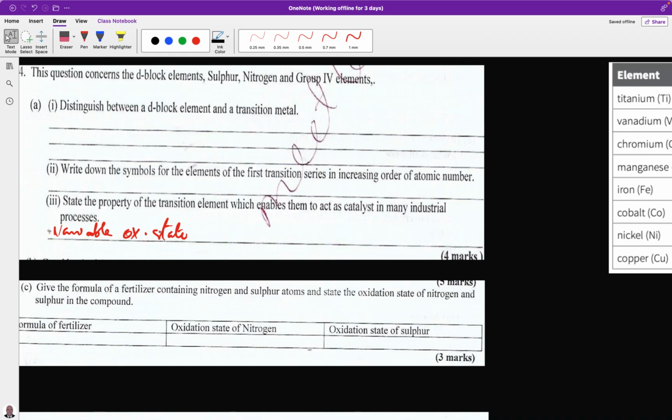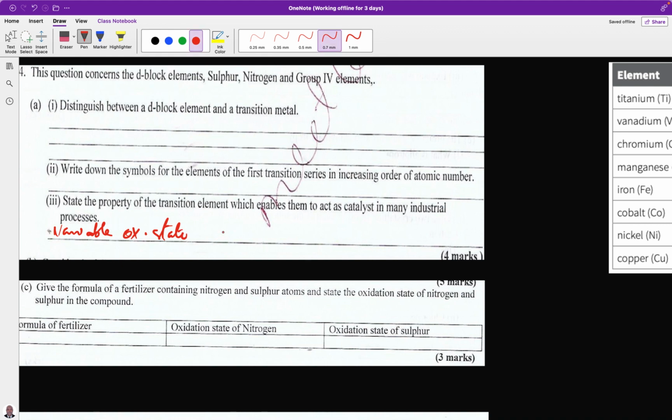They have variable oxidation state. Why do I say they have variable oxidation state? Because this variable oxidation state will give them that ability to change oxidation state and exist as one or more ions. So variable oxidation state is one of the property.